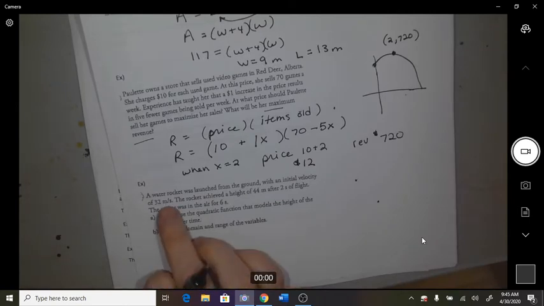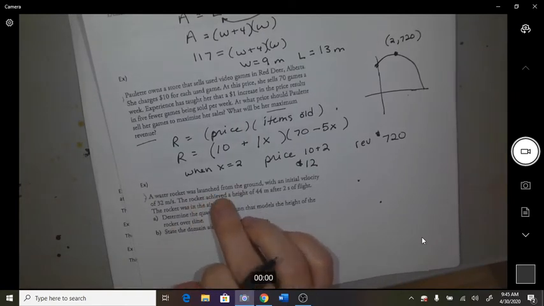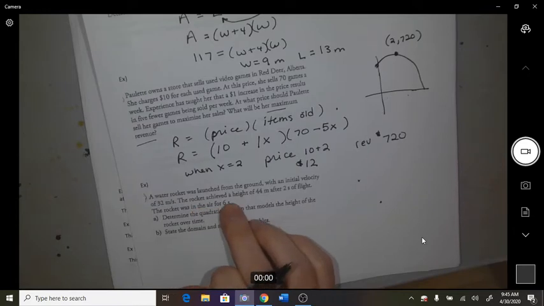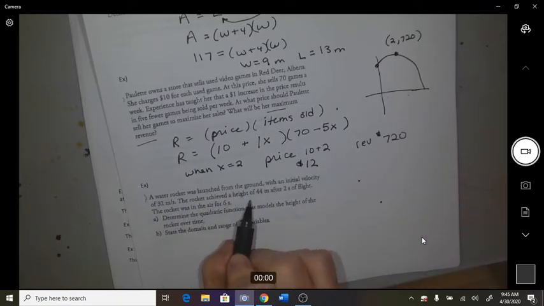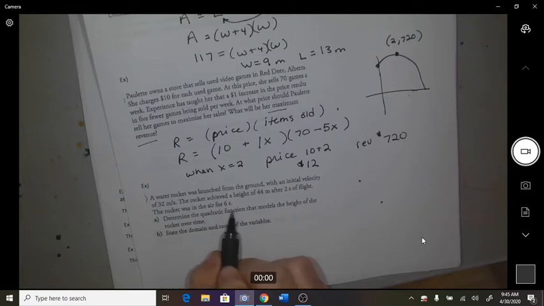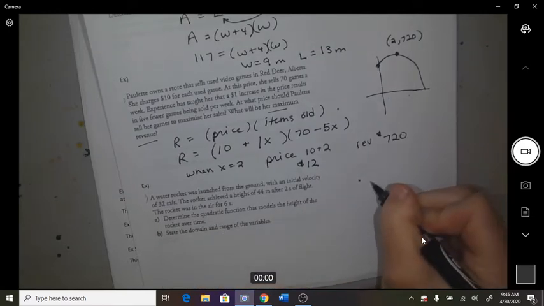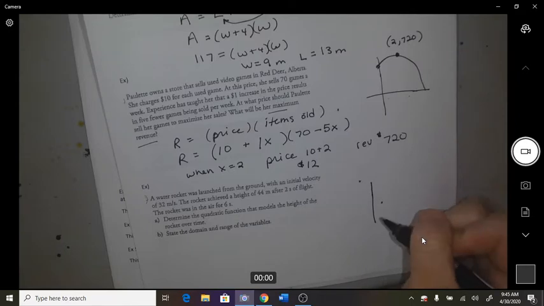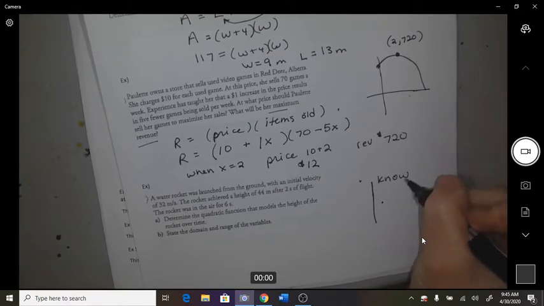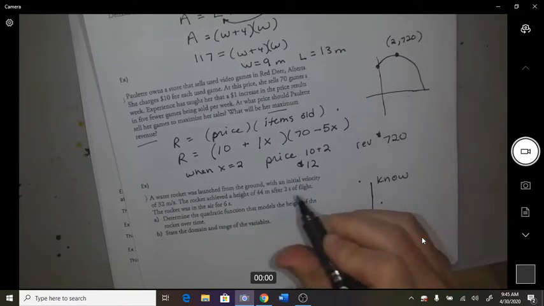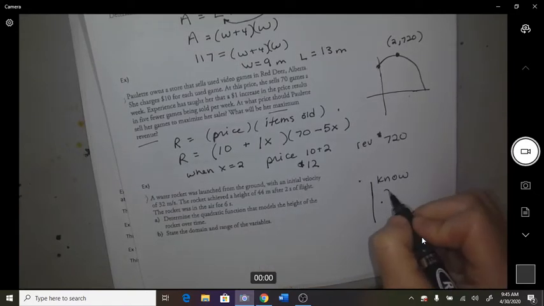Okay, so now we have a launch of a rocket. So the initial velocity, 30 meters. Okay, so what do we know? We know 2 seconds, a height of 44.